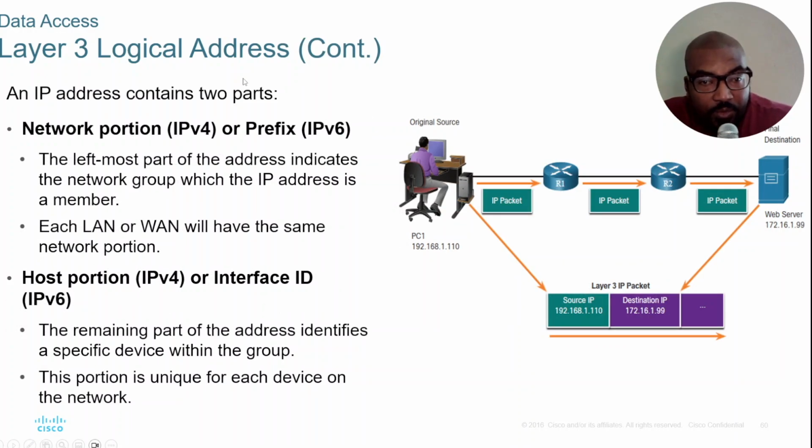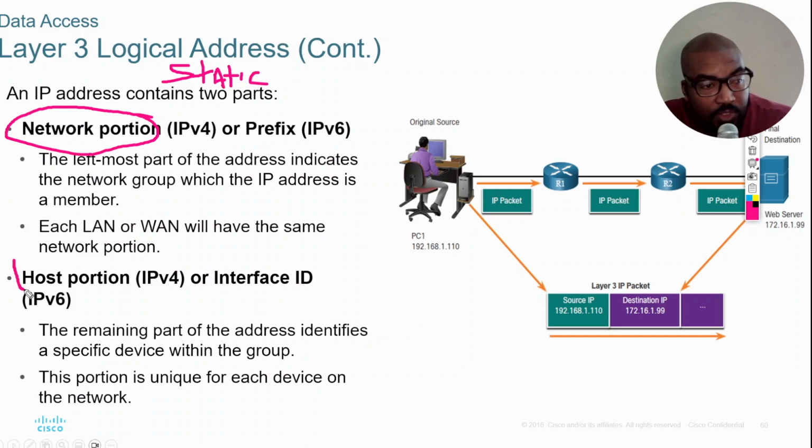Now, when we're looking at layer 3, we have what's called the network portion, and then we have what's called the host portion. The network portion of an IP address is static, which means it doesn't move.